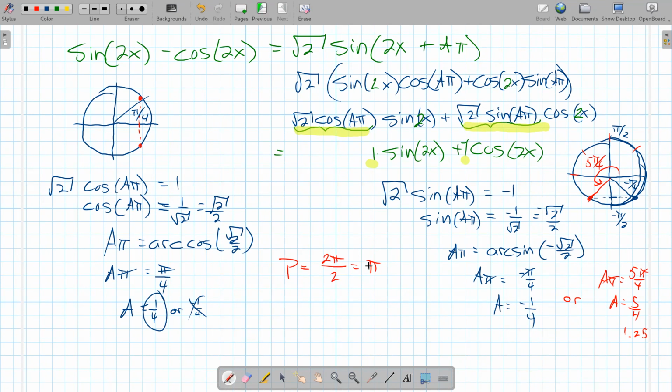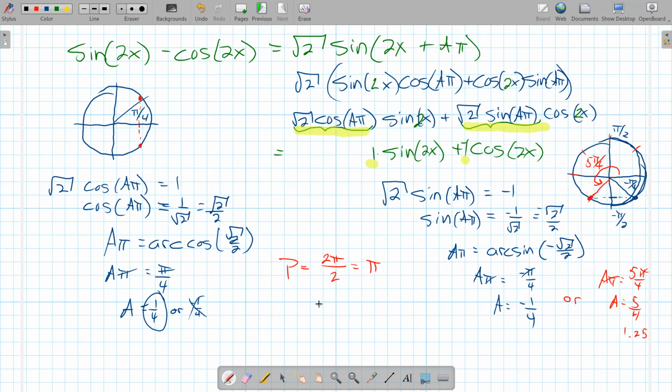I'm thinking we need to shift it by 2 pi. Let's see if we shift, because 2 pi relates to the a pi, not the a. I'm still thinking it should be 2 pi. Oh, let's try both, see what happens.